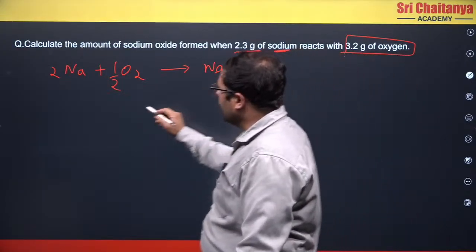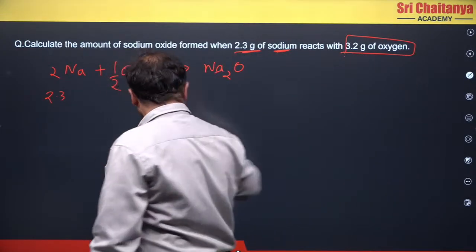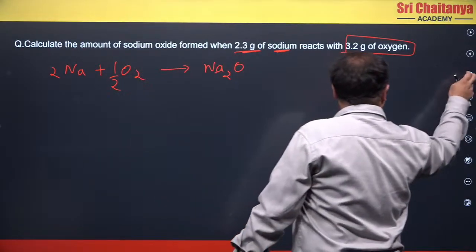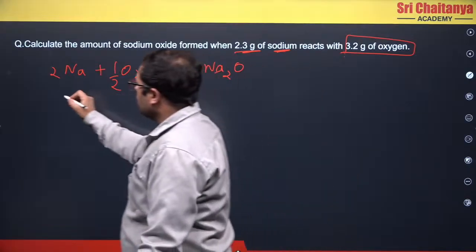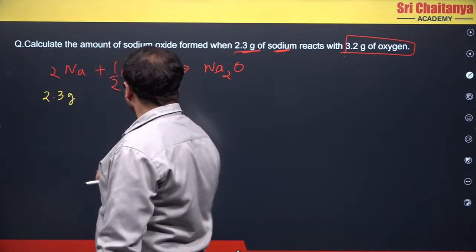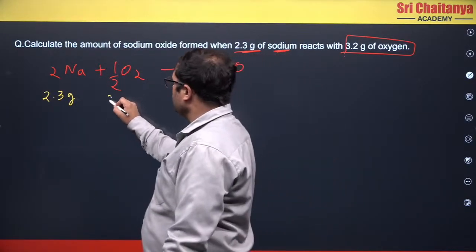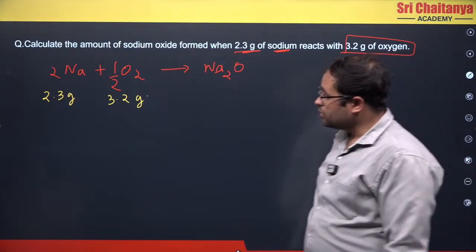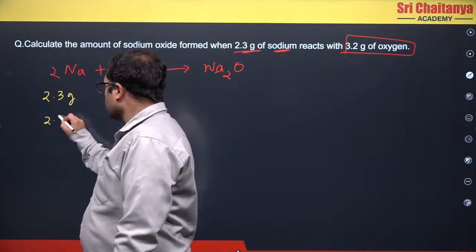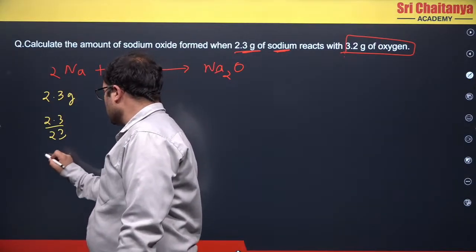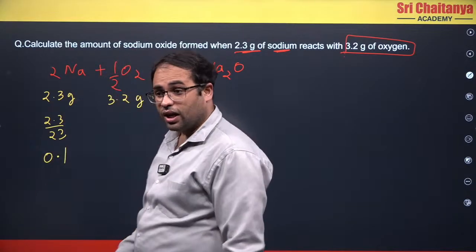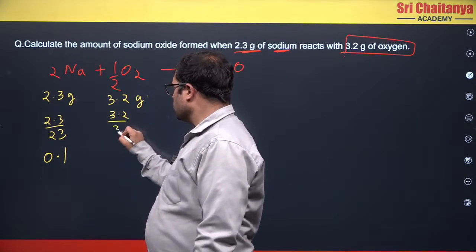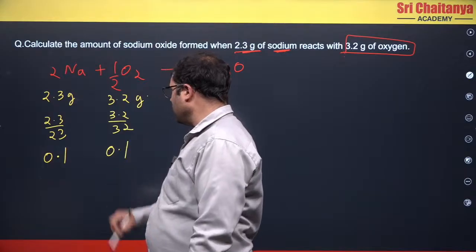So they have given 2.3 grams of sodium and 3.2 grams of oxygen, right? Calculate the moles first. Sodium's molar mass is 23. So 2.3 divided by 23 gives you 0.1 moles here, and oxygen's molar mass is 32 grams per mole, so 0.1 mole here.